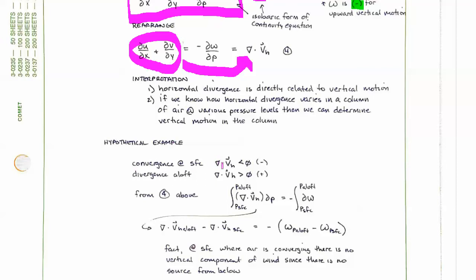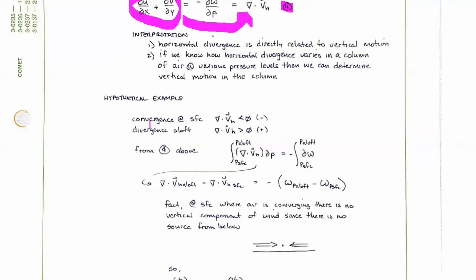So if we have convergence at the surface, the divergence would be negative. If we have divergence aloft, the divergence would be positive. So from number 4 above, which is, here's number 4, we have, if we go from P surface to P aloft, how does omega change between these two pressure levels if the divergence goes from negative at the surface to positive aloft?